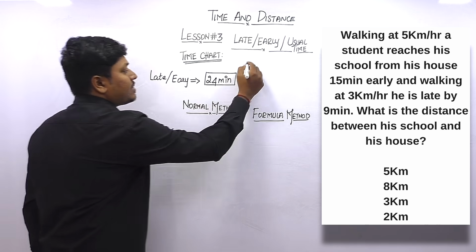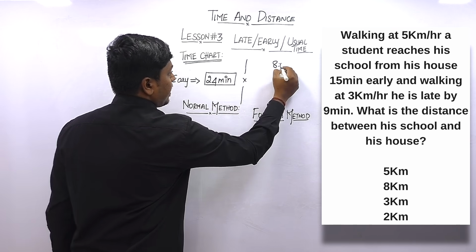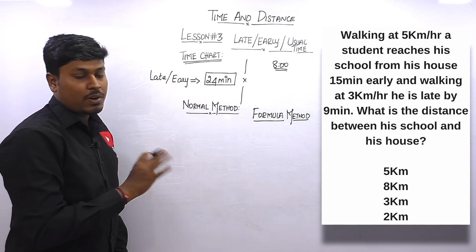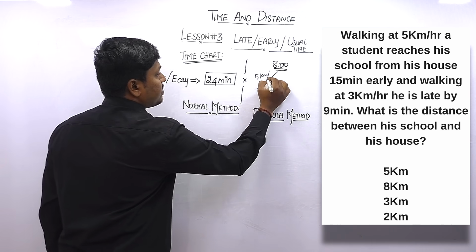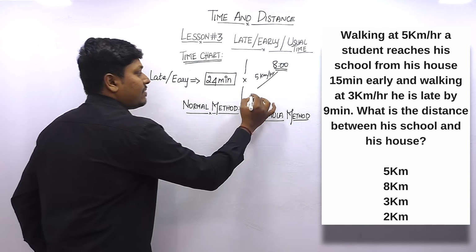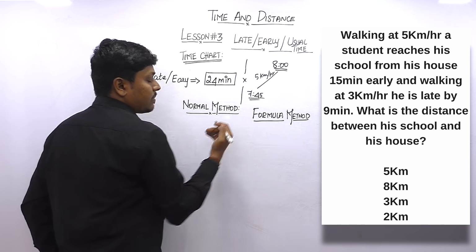If you want a time chart, I can draw this also. Let me assume that the student's exact time is 8 o'clock in the morning. Usually he reaches the school at 8 o'clock, and now his speed is 5 km per hour. If he goes at 5 km per hour, he reaches the school 15 minutes early, so he will reach at 7:45, 15 minutes before the original time.